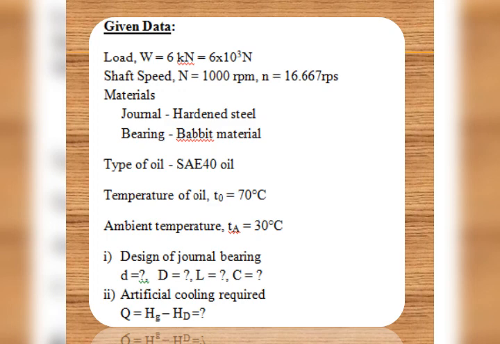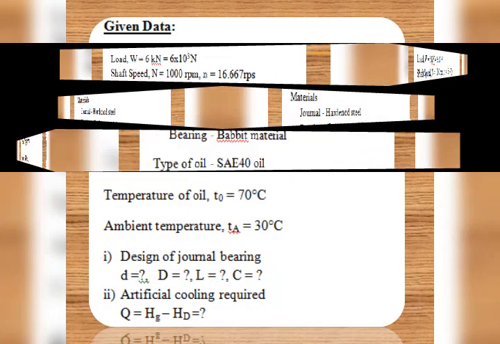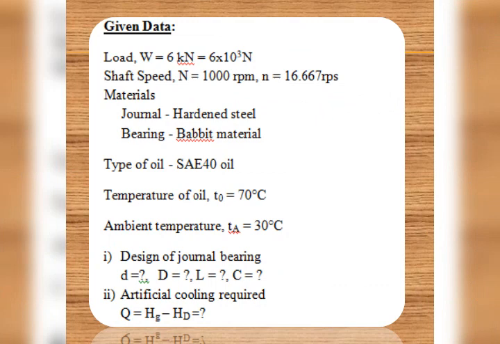Shaft speed or journal, a portion of the shaft which is inside the bearing is called as journal. So here shaft speed or journal speed is one and the same, that is N is equal to 1000 rpm, or N is equal to, after converting that into rps, that is 1000 divided by 60, we are getting 16.667 rps.